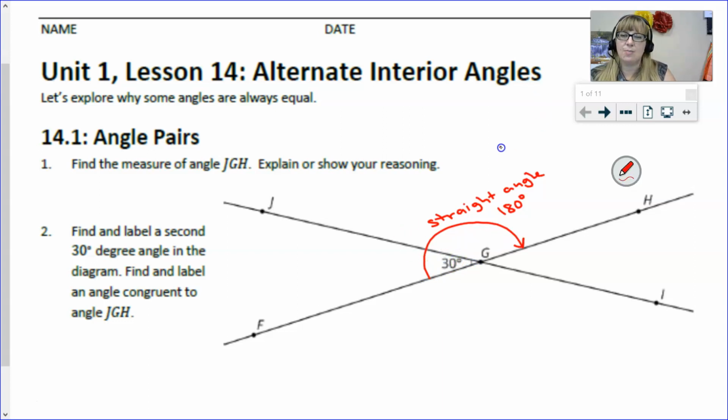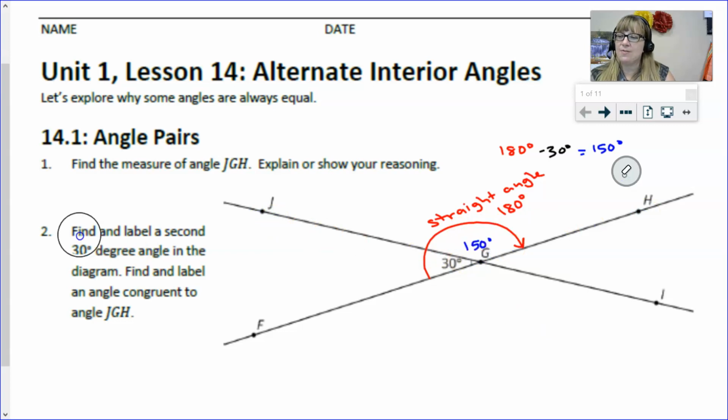And so it's just a simple calculation. 180 degrees minus the 30 degrees that has been given to us is equal to 150 degrees. So now I know the measure of angle JGH is 150 degrees.